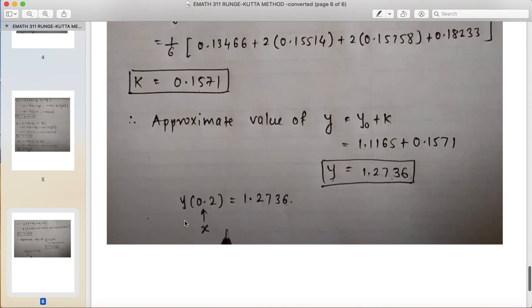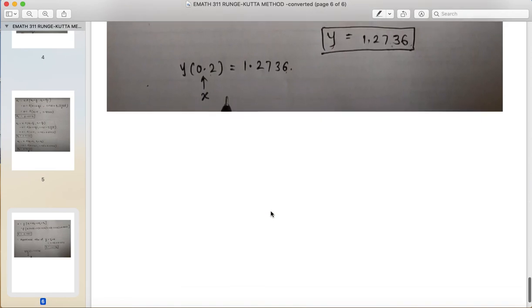So this is our y at 0.2, equal to 1.2736. So basically, our question was to find y at x equals 0.2. We have here an answer for y at x equals 0.2, and we found our answer as 1.2736. So we already get the final answer, 1.2736.